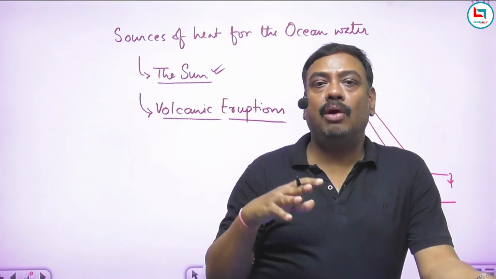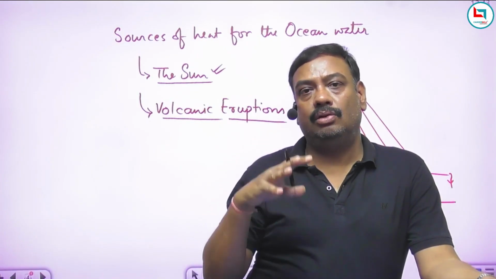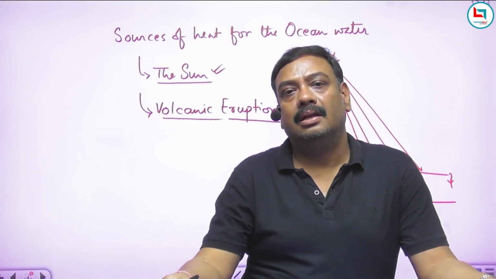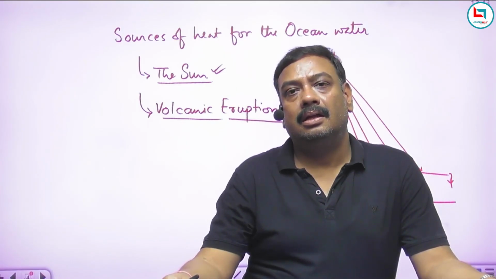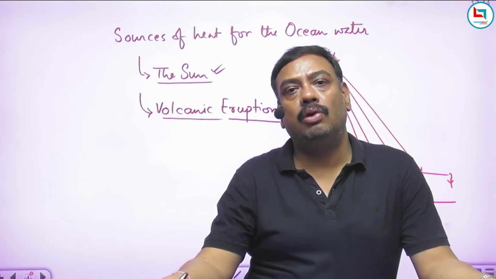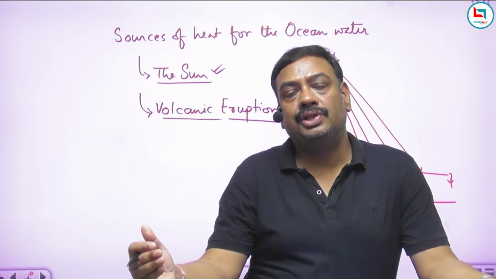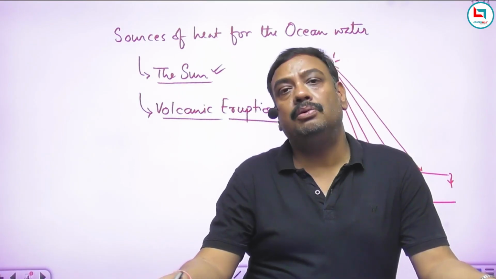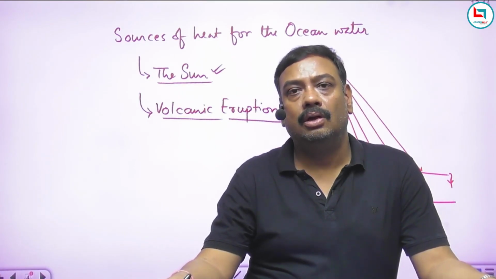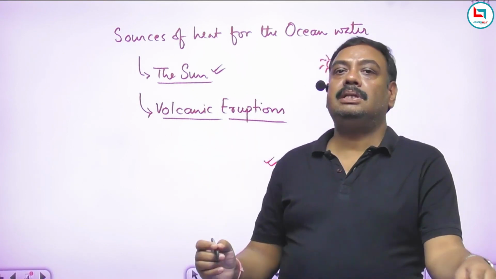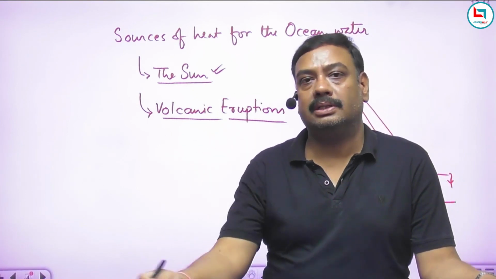And that heat also changes the degree of hotness or coldness of the ocean water. You can say it is able to change the temperature of the ocean water. So in that way, you can consider that volcanic eruptions are also one of the sources.